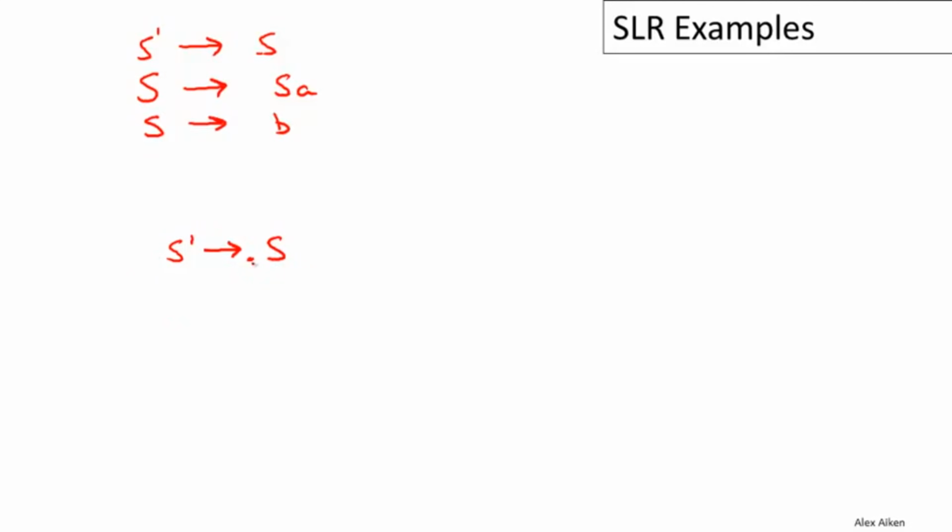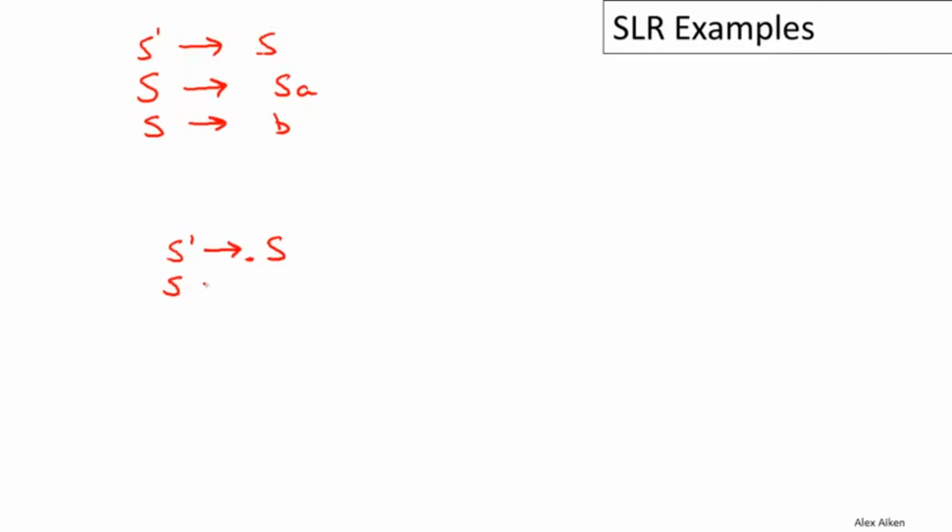Remember that all the epsilon moves in the NFA are due to moves that happen because we don't see a non-terminal on the stack, but instead see something derived from that non-terminal. So if we have a dot right next to a non-terminal, that means that there's an epsilon move in the NFA to all the first items for the productions of that non-terminal.